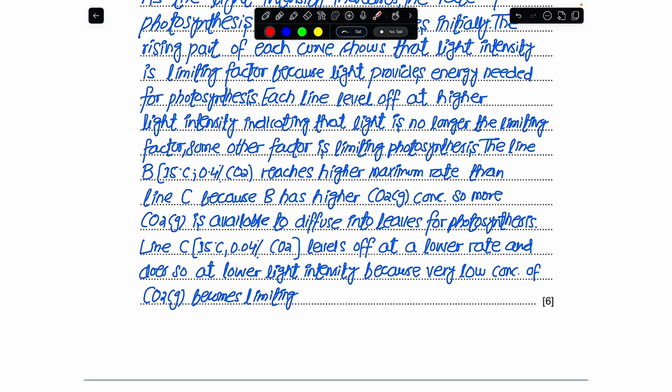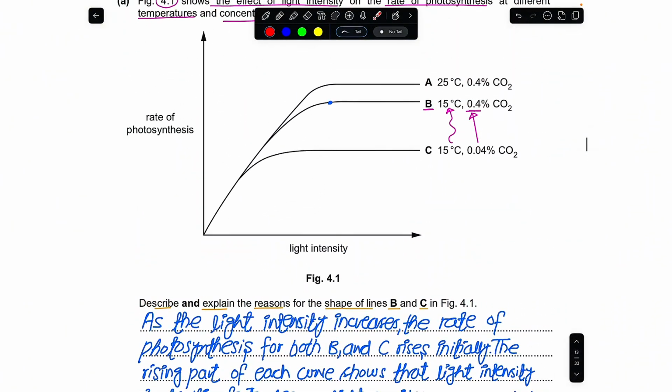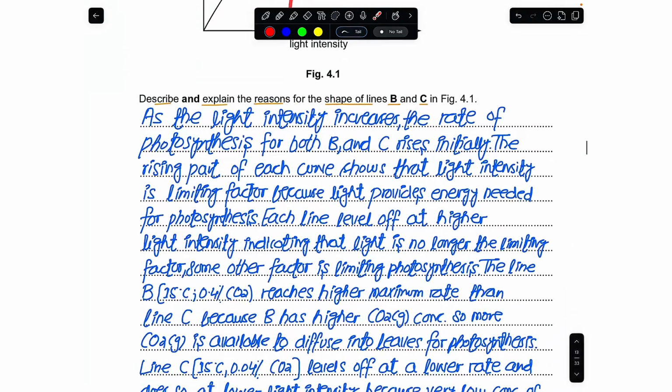As is written here, line C, where the temperature and CO2 concentration are as given, levels off at a lower rate and also at a lower light intensity.